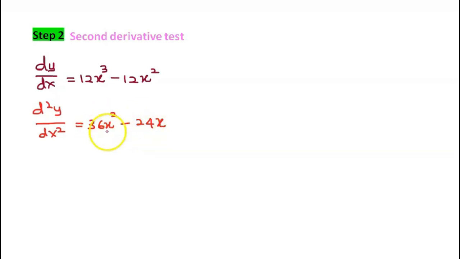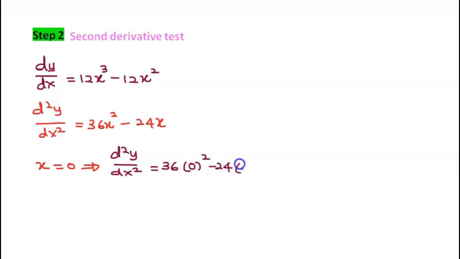And we test this function for the first critical number that we have obtained, which is x equals 0. So for x equals 0, the d2y over dx square value is 36 times 0 square minus 24 times 0, which is equivalent to 0.